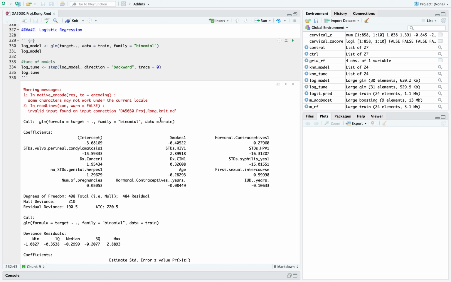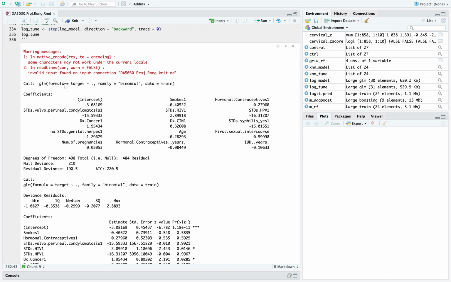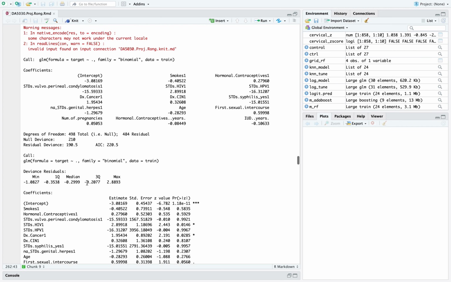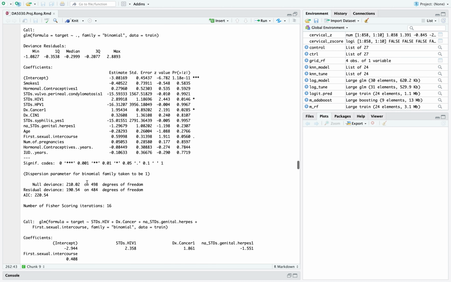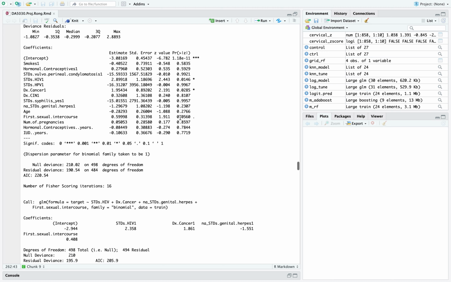For a classifier, we just create a confusion matrix, but I will talk about this in the evaluation part. We can see the arguments of the formula, and you can see that some of them are significant.